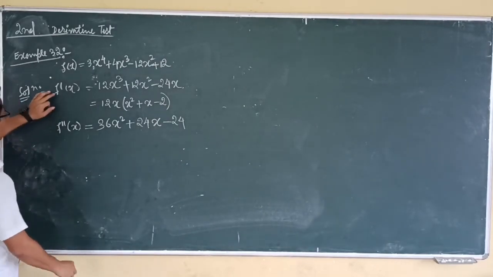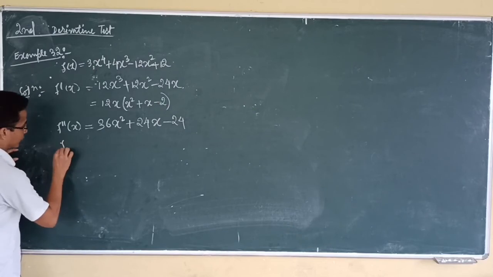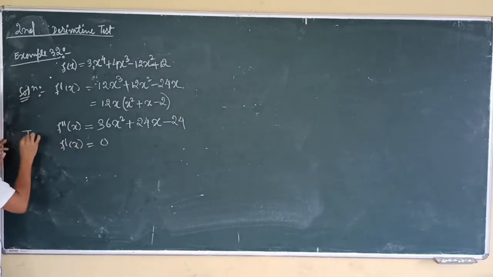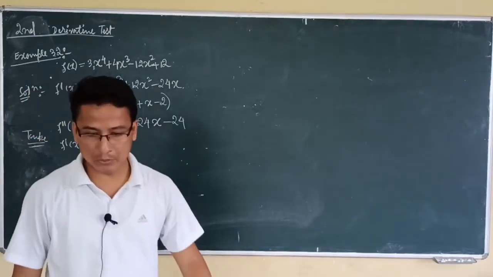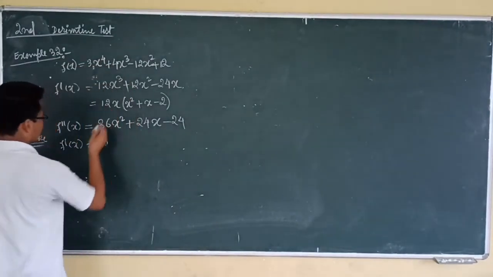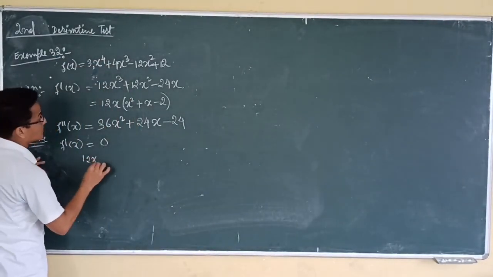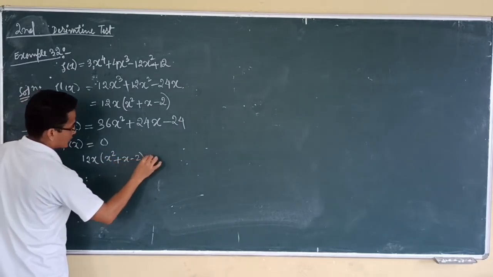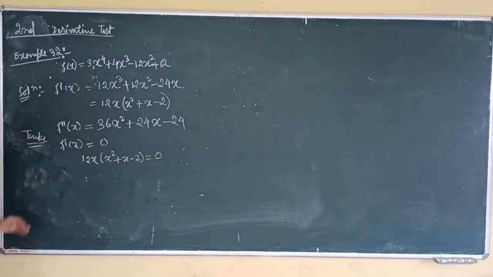Now we have to find our critical points. Take f dash x equal to 0. Now we are going to find all critical points of this function. This is 12x times x square plus x minus 2 equal to 0.